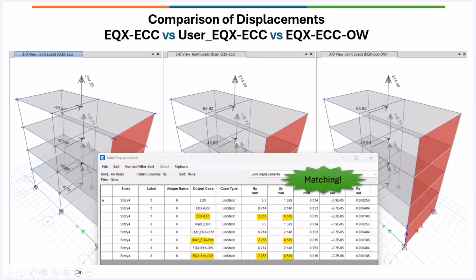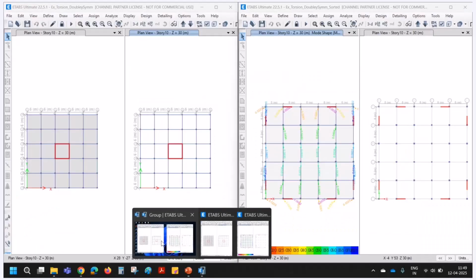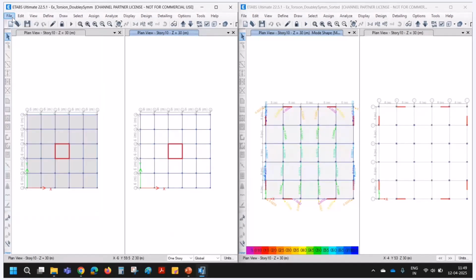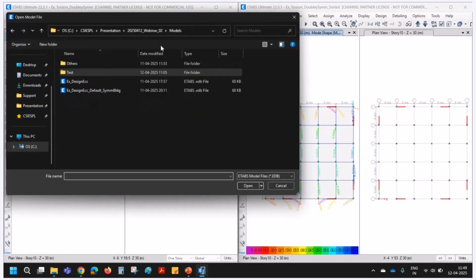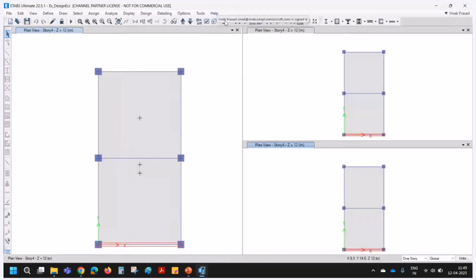Quickly show this model. This is the building.